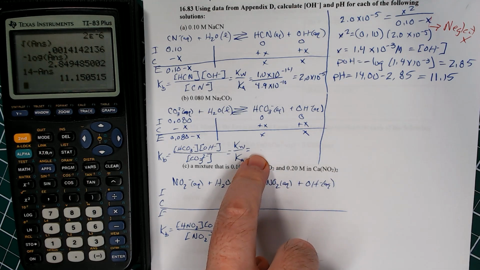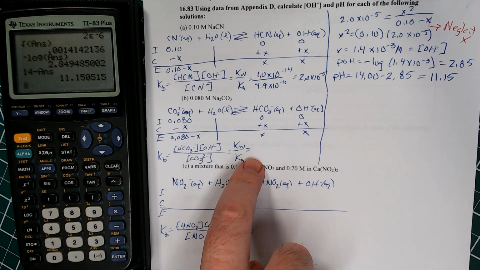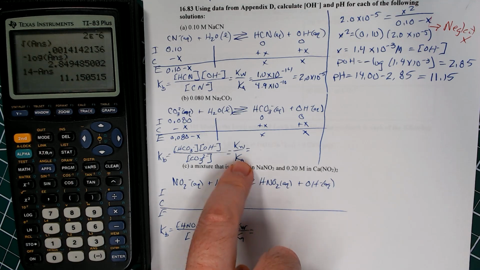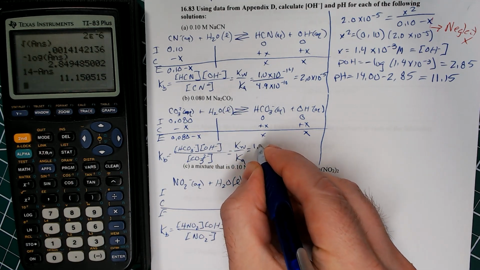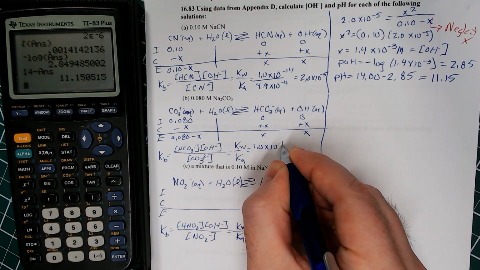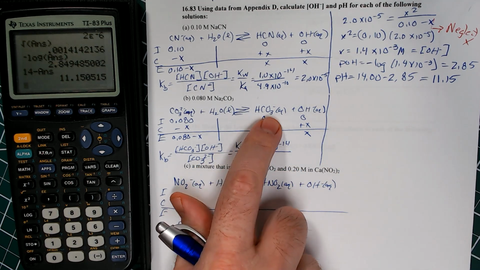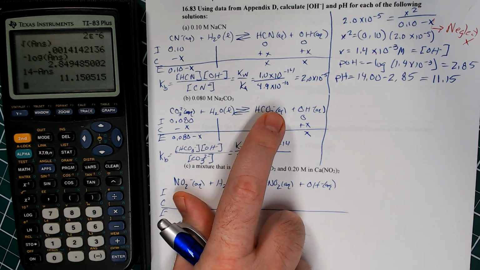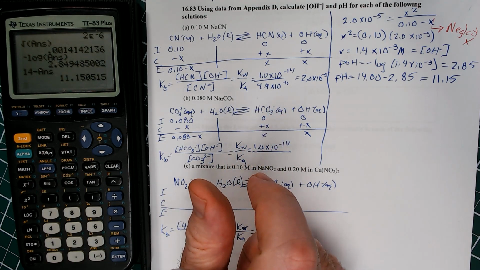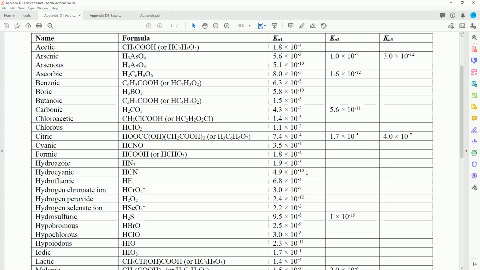Now we want to calculate what Kb is going to be. So we'll use Kw, which is 1.0 times 10 to the negative 14. And Ka, we want the Ka for bicarbonate. Well, we're going to go back over here and look at carbonic acid.